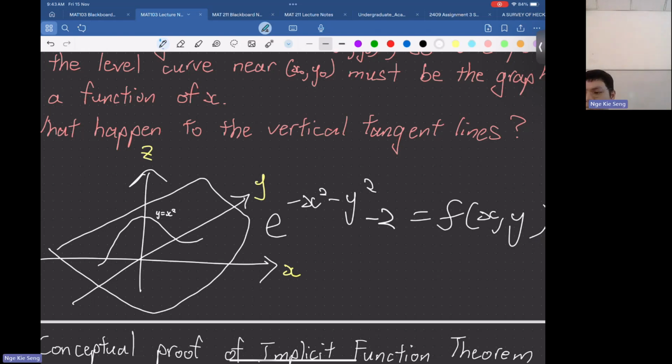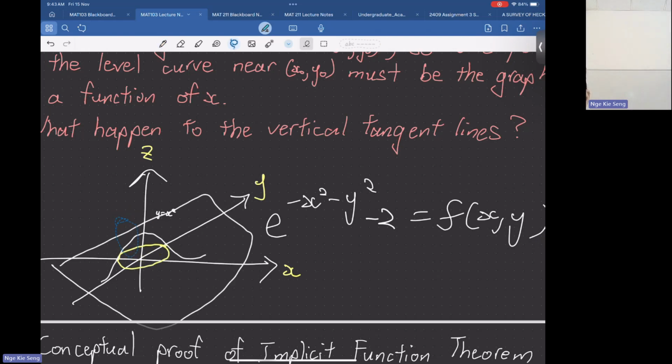Once you shift it down, then you can find this level curve here. The drawing is a bit off, because our height is at 0, so I shift it down. Okay, like this. Try to keep the accuracy here.